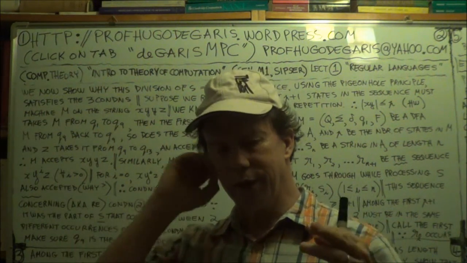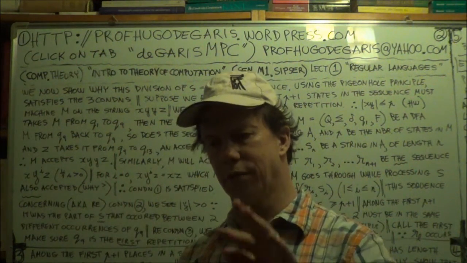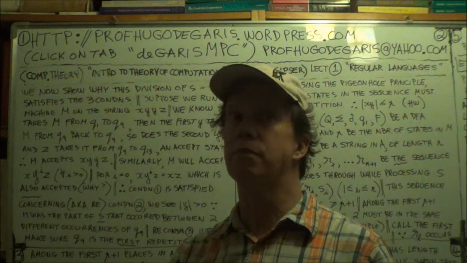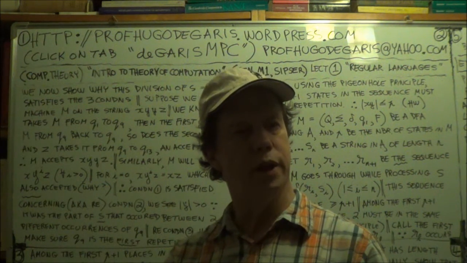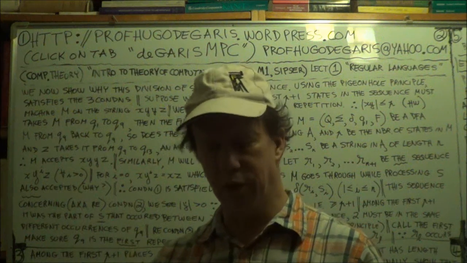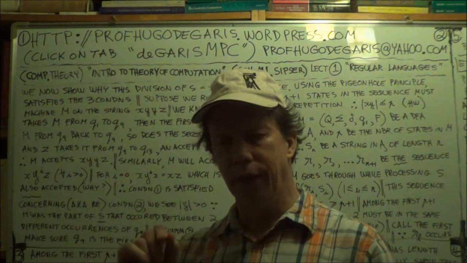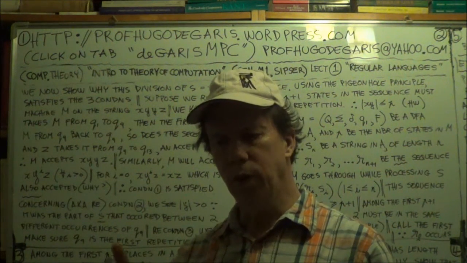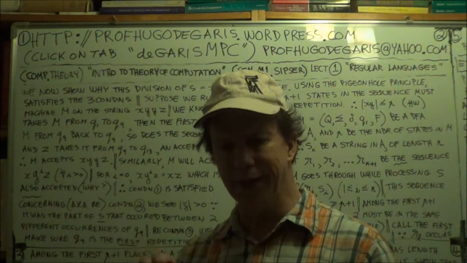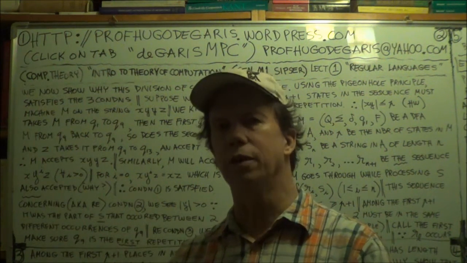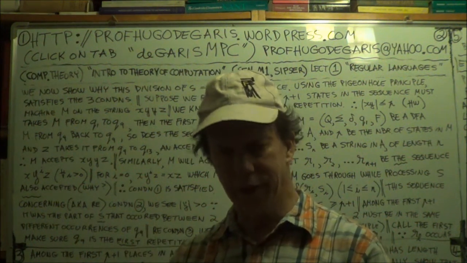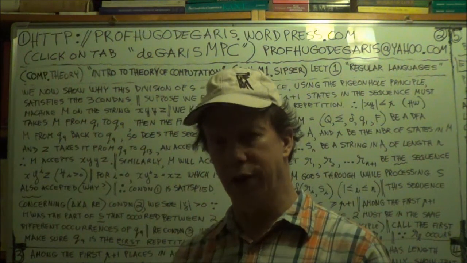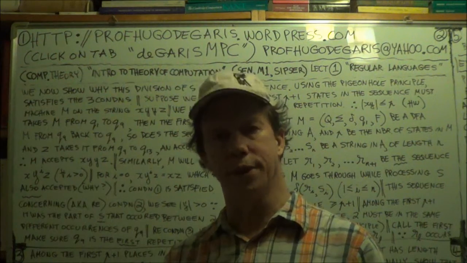The pumping lemma says that if the language is regular, you can find a positive integer p, call it the pumping length, so that all strings S in that language whose length is greater or equal to p satisfy those 3 conditions.